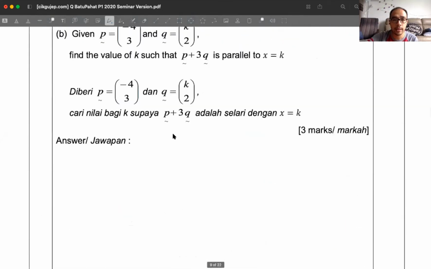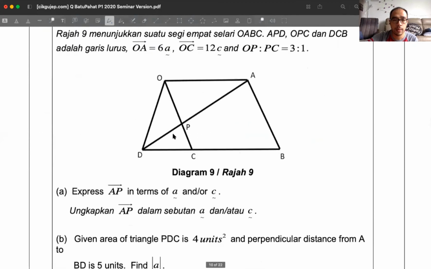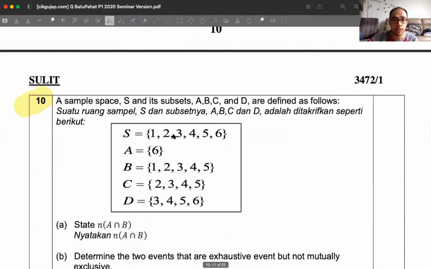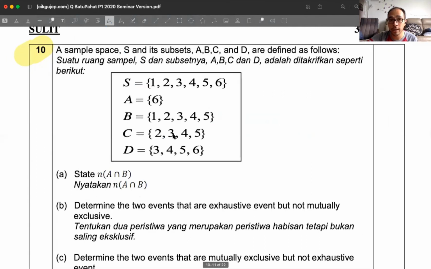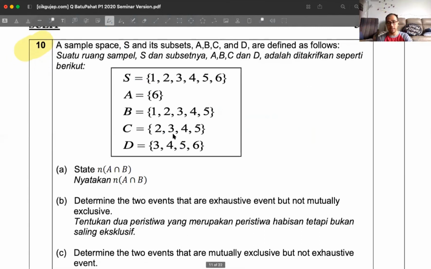All right, let me see what the other questions are. This one is also another non-routine question. As I said, KBAT questions, higher-order thinking questions, are what we call non-routine questions. They are not questions that you often find in exam papers or in textbooks.